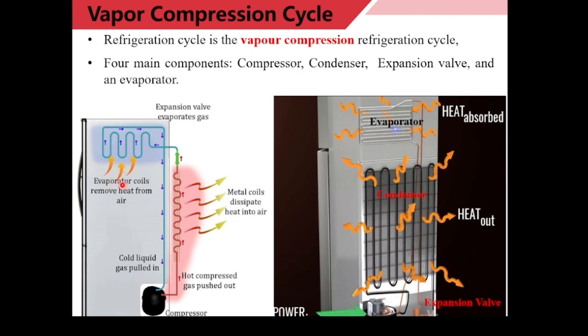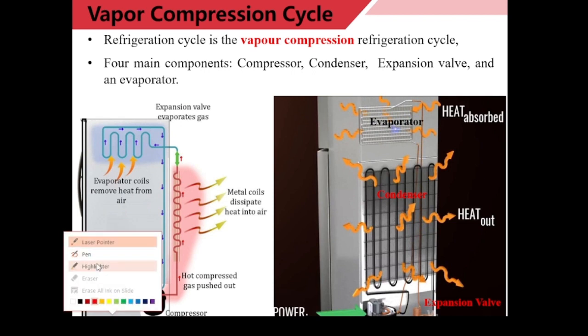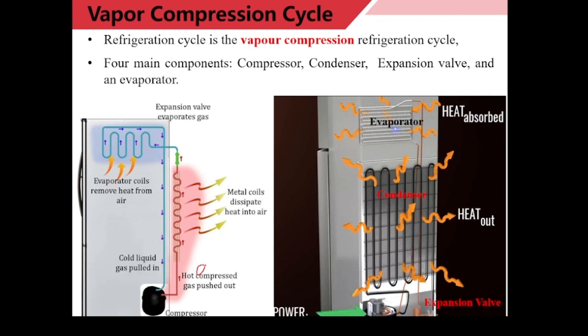Evaporator coils remove heat from the air or this box. The evaporator absorbs heat from here, and then this refrigerant goes into the compressor as cold gas. Usually in common language we call refrigerant gas; common people, and technicians mostly, call it gas. Then we compress it using external work, so its temperature and pressure are increased. Its temperature may be increased to almost 90 degrees centigrade.